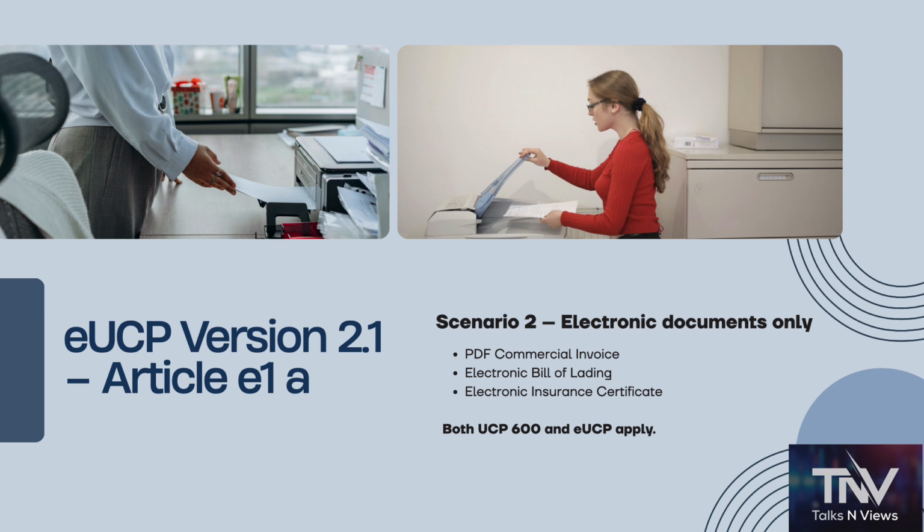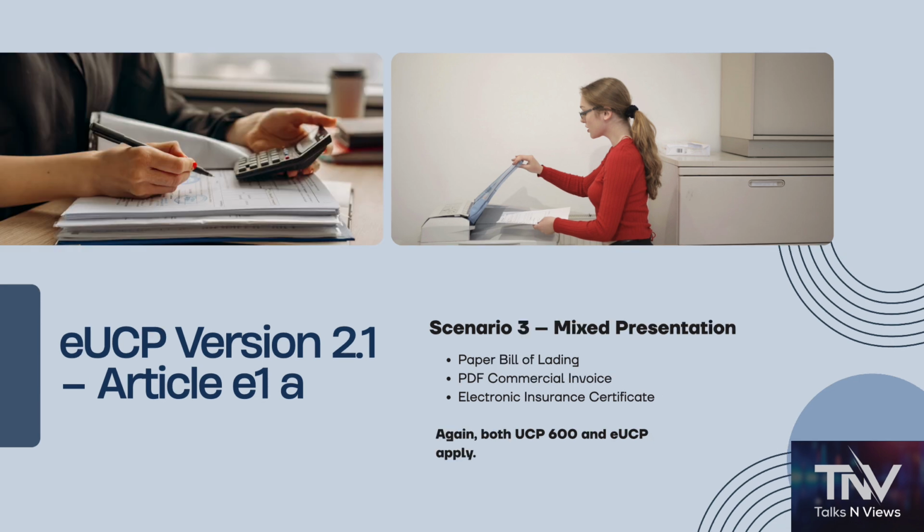Both UCP 600 and eUCP apply. Scenario 3, mixed presentation. Paper bill of lading. PDF commercial invoice. Electronic insurance certificate. Again, both UCP 600 and eUCP apply. So remember, whenever electronic records are presented, eUCP supplements UCP 600.